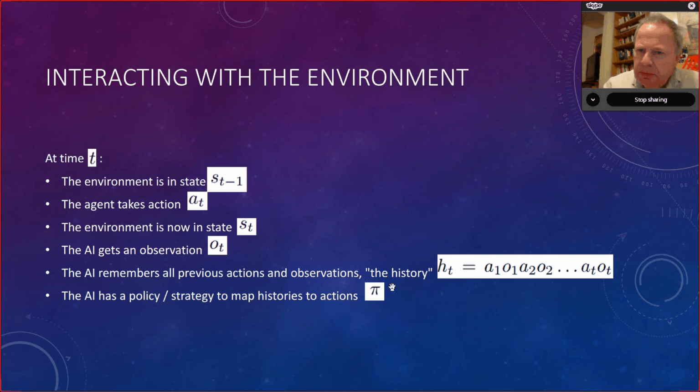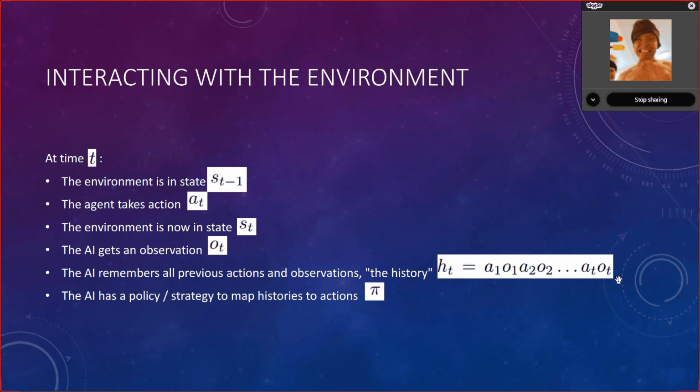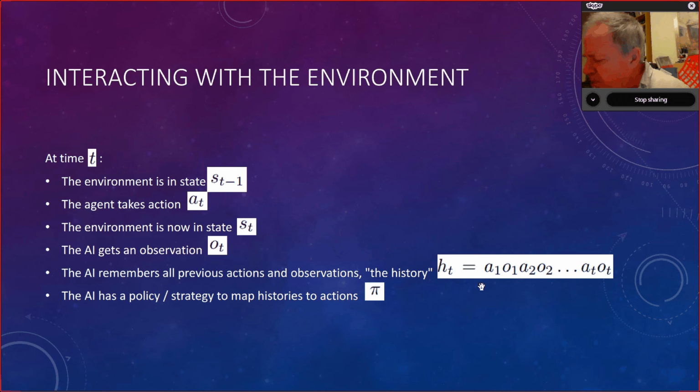So it has a history. If it's A6, then it's action 1 and observation 1, action 2, observation 2, all the way to action T, which gave observation T, what it just made. Also, the AI has a policy, which is called pi. That's a strategy which it uses to figure out, I have this history, what action should I take?